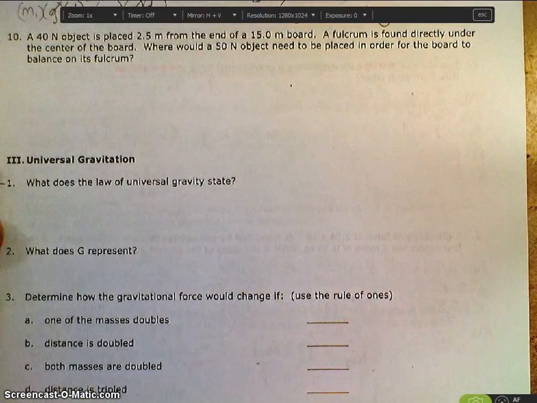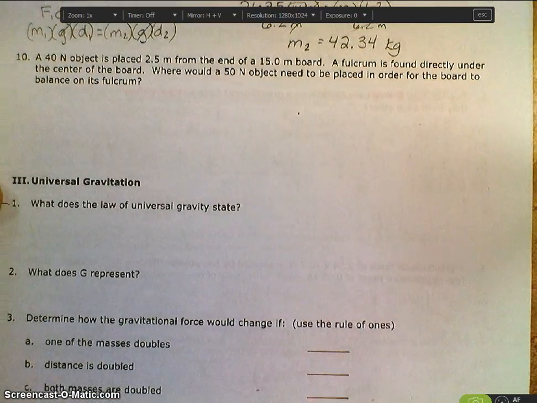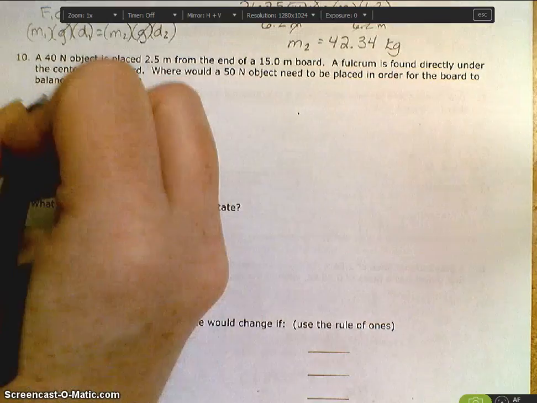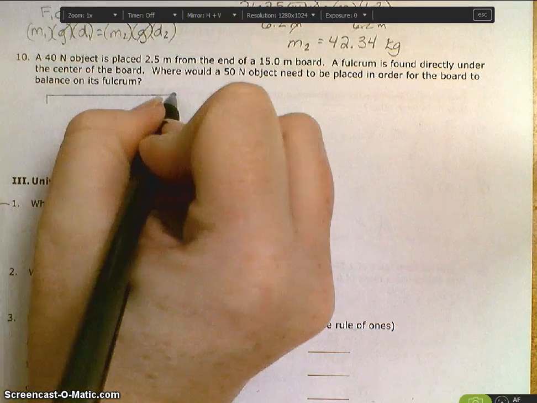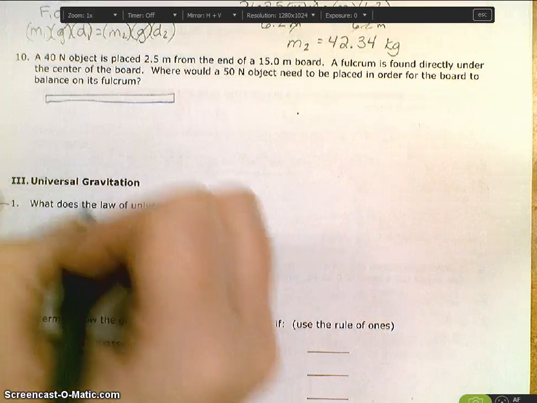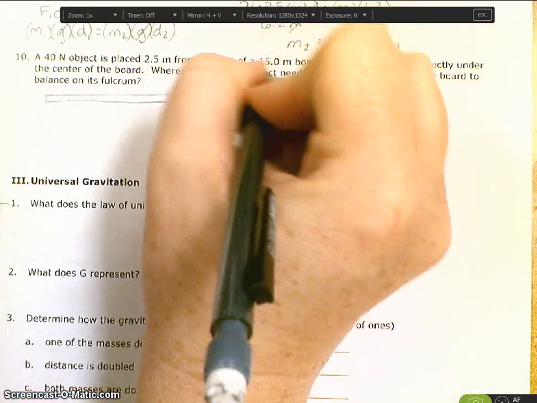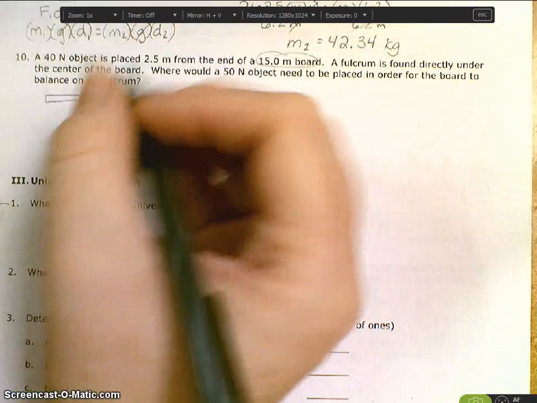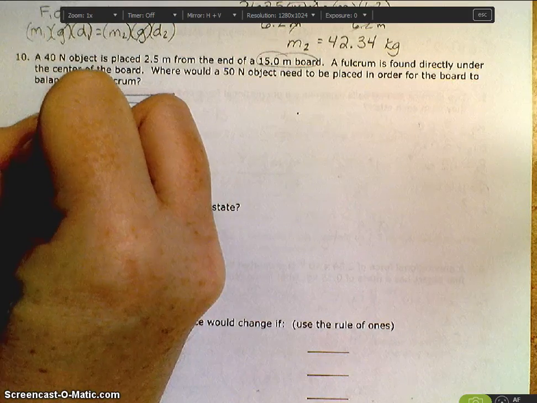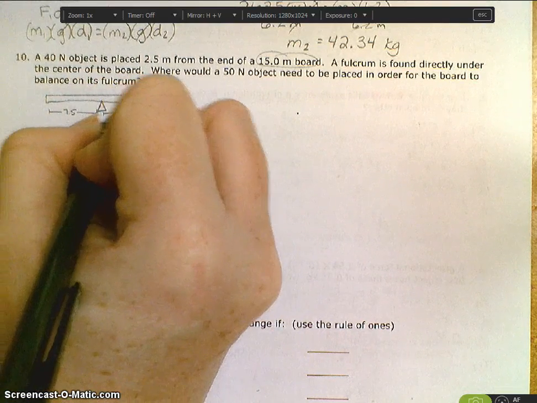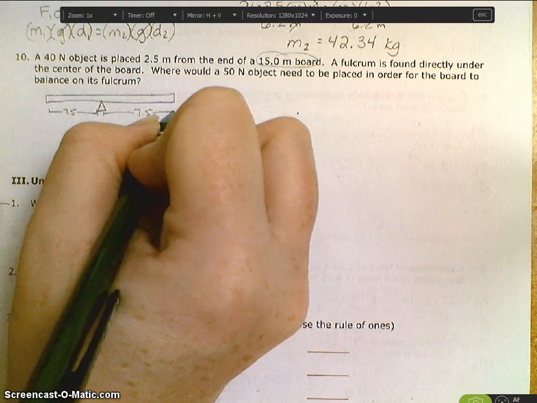All right, number 10 is actually a little bit more of a bonus question because they've asked us something a little bit different in nature. This time, they tell us how big the board is. The whole board is 15 meters. So when we draw that fulcrum in the center, what we should know is that there's 7.5 meters on each side of the board.